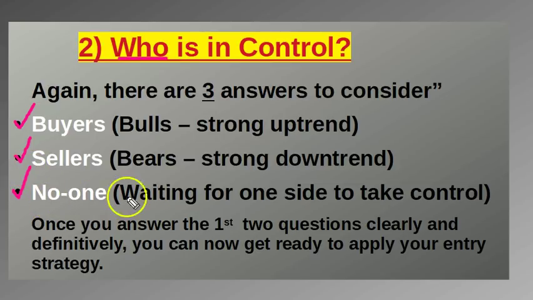No one is in control. You're waiting for one side to take control. So neither the bears nor the bulls are in control. Now, once you answer the first two questions clearly and definitively, and you've got to be able to do that quickly, clearly, and definitively, you can now get ready to apply your entry strategy.